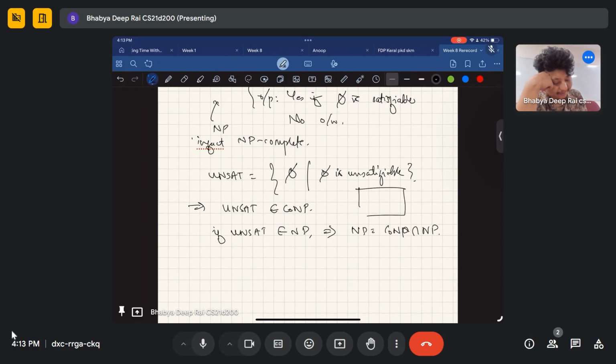Remember the diagram. Unsat is in NP, right? I mean, this is an assumption, okay.